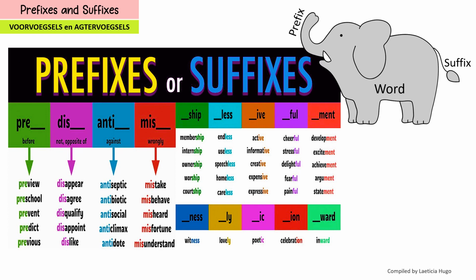Full, cheerful, stressful, delightful, fearful, painful. Ment, development, excitement, achievement, argument, statement. And then at the bottom, less regularly used, ness, witness, ly, lovely, ic, poetic, ion, celebration, and ward, inward.